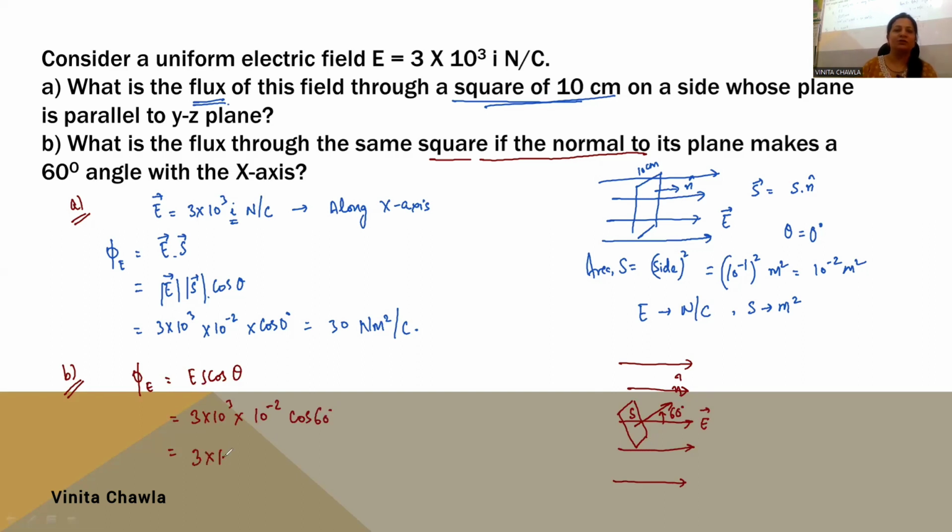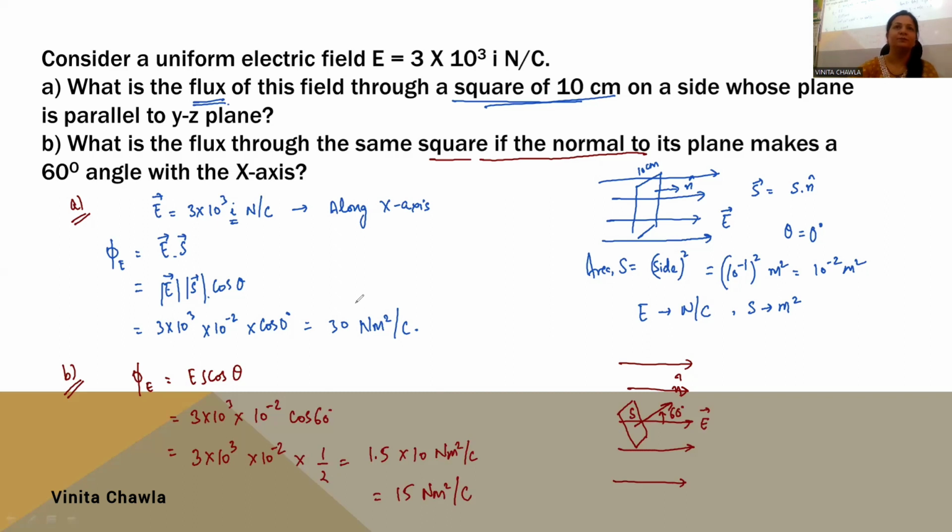So 3 into 10 raised to the power 3 into 10 raised to the power minus 2 into 1 by 2. The answer is 1.5 into 10, or we can write 15 Newton meter square per coulomb. Okay, this is how we can write.